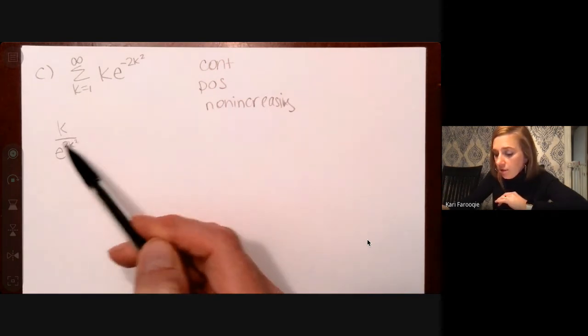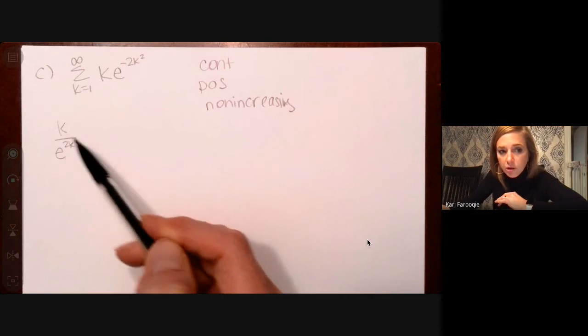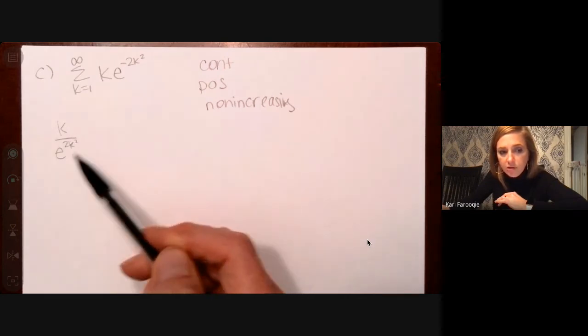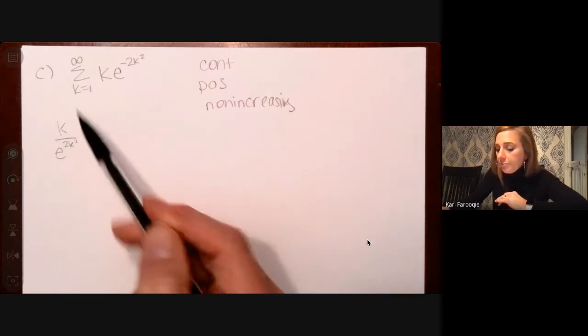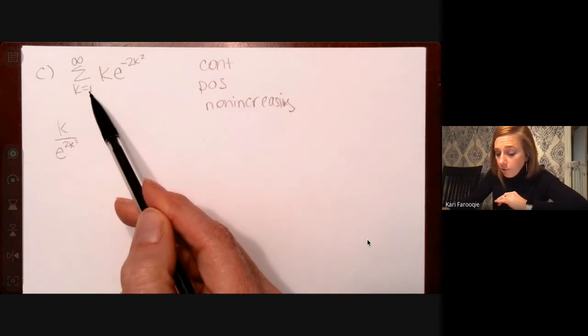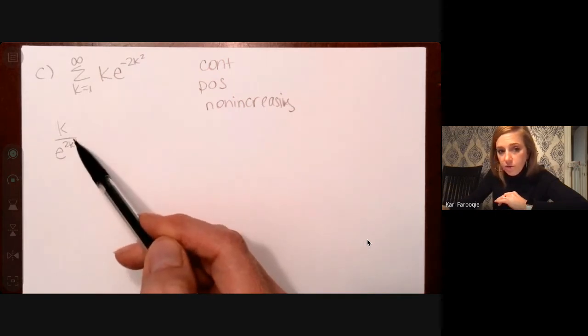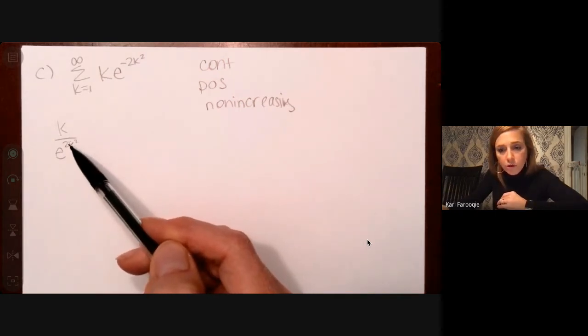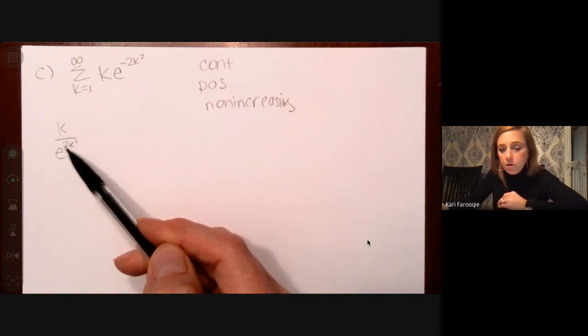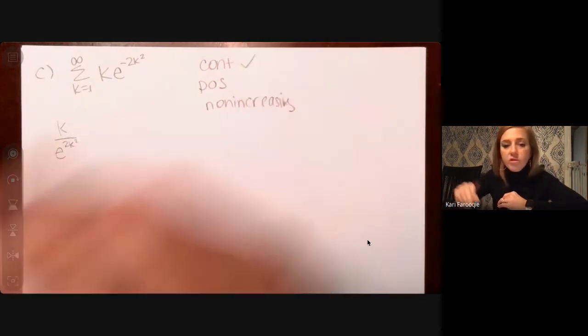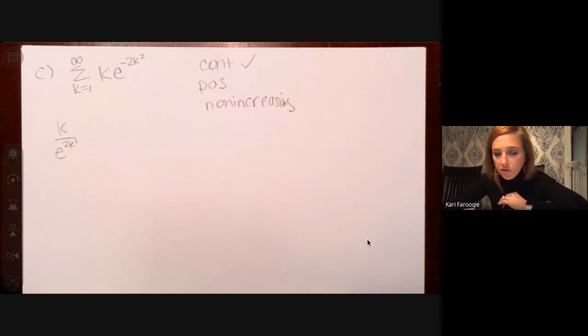You're never going to come up with a situation where your denominator is undefined. Even if we did, which we don't, have k equals 0, e to the 0 is not 0, it's 1. So you don't have to worry about any continuity issues in this case. The function's continuous on 1 to infinity, or everywhere, but in our case, 1 to infinity.